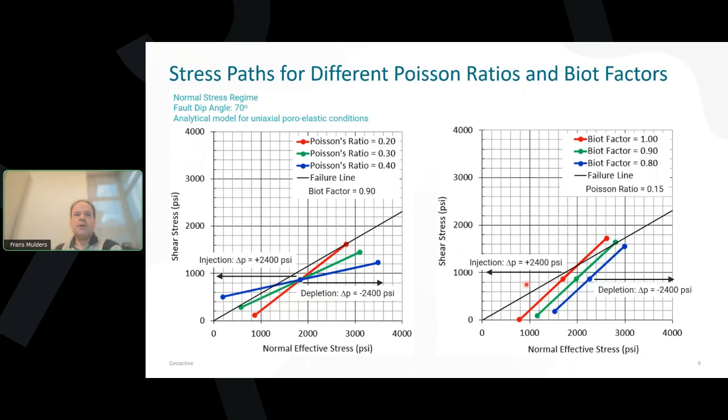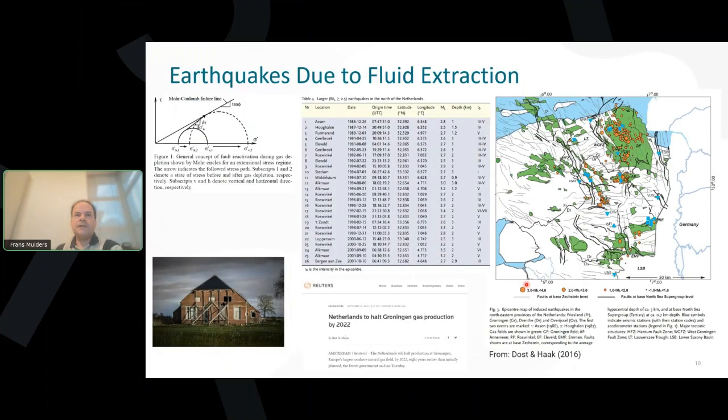Okay, so here I'm coming to injection soon. So here I put the effect which fluid extraction can have on fault reactivation. We are looking at the northern Netherlands here, the Groningen gas field, a giant gas field, which recently has been shut down.